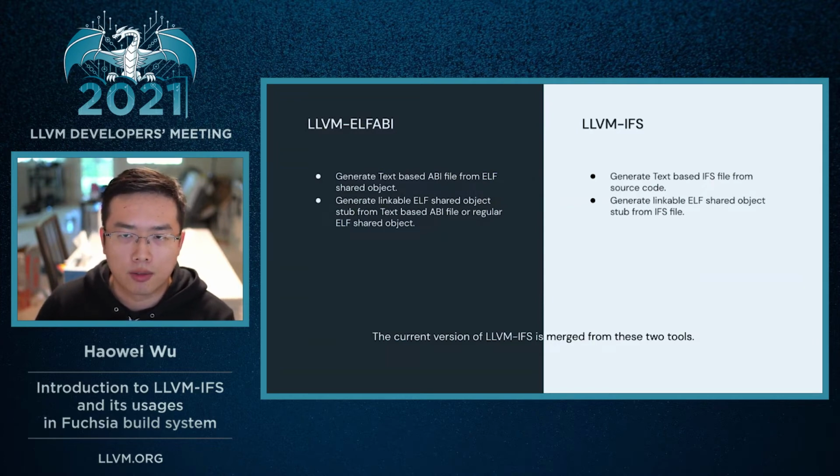Google developed the LLVM ELF ABI a while ago for generating text-based and binary-based ABI stubs from ELF binaries, while engineers from Facebook developed the LLVM-IFS, which generates text and binary-based stubs from the source code. Both of these tools share a very similar text format, and we thought that they were better to be merged to avoid reinventing the wheel.